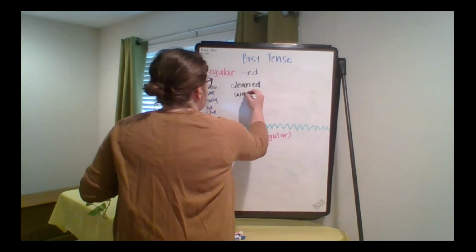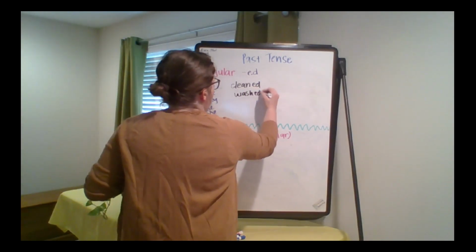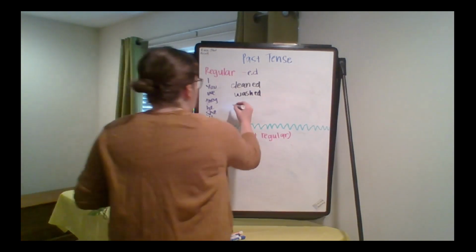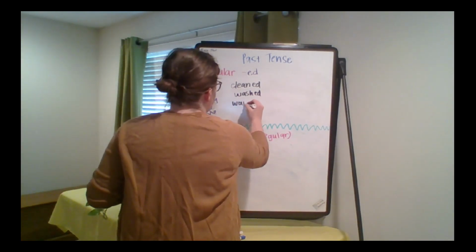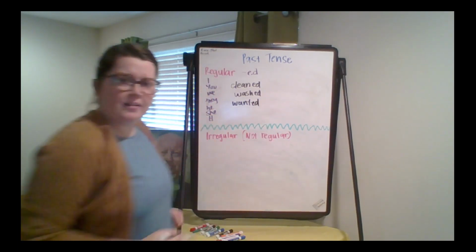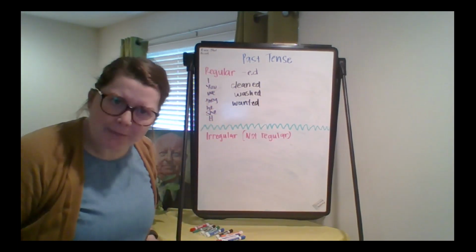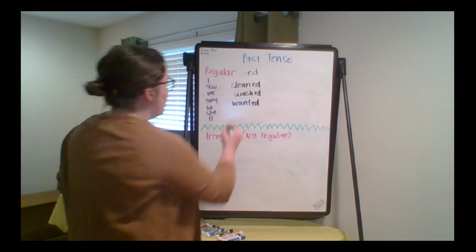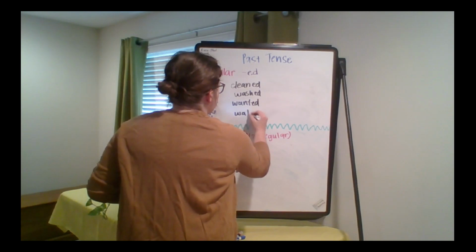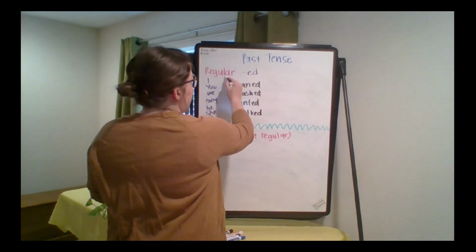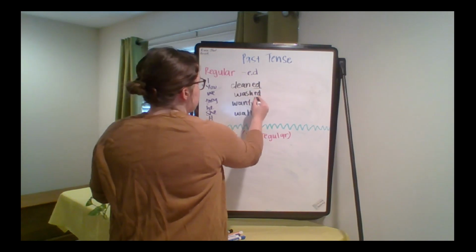Yesterday I washed the dishes. Yesterday I wanted some chocolate. Didn't you? Yesterday I walked in my neighborhood. Okay? So you can see that with regular past tense verbs, it's the ed.